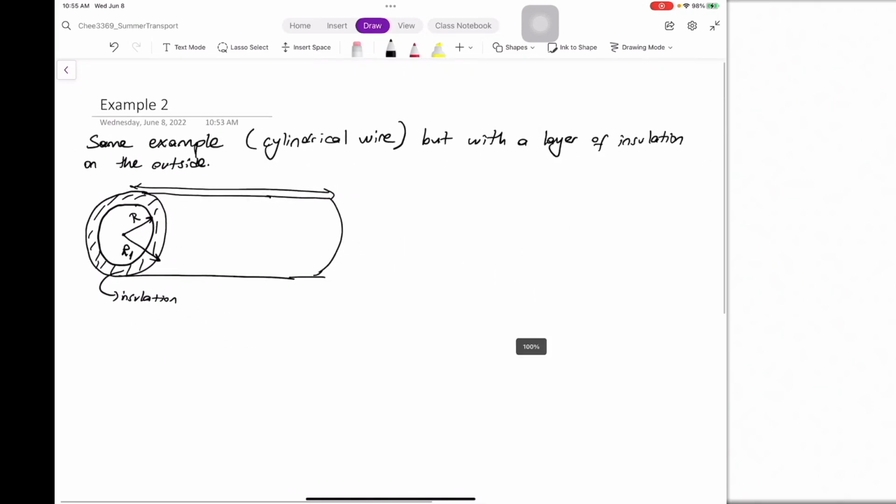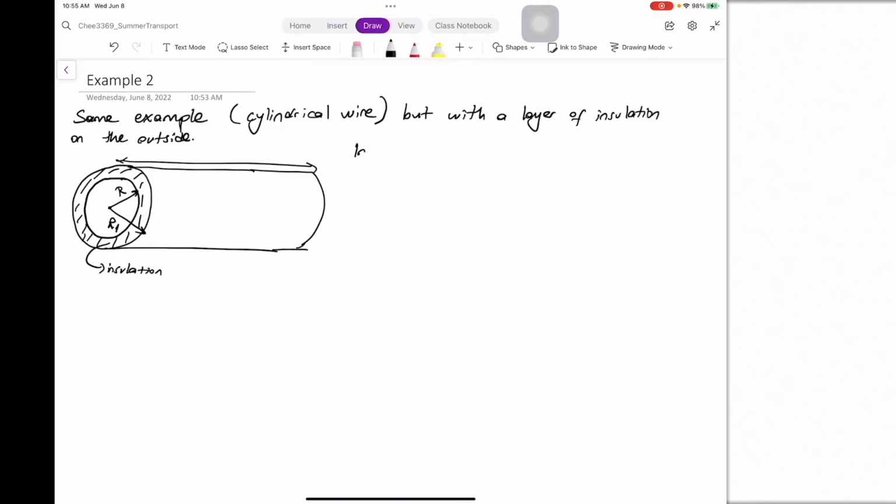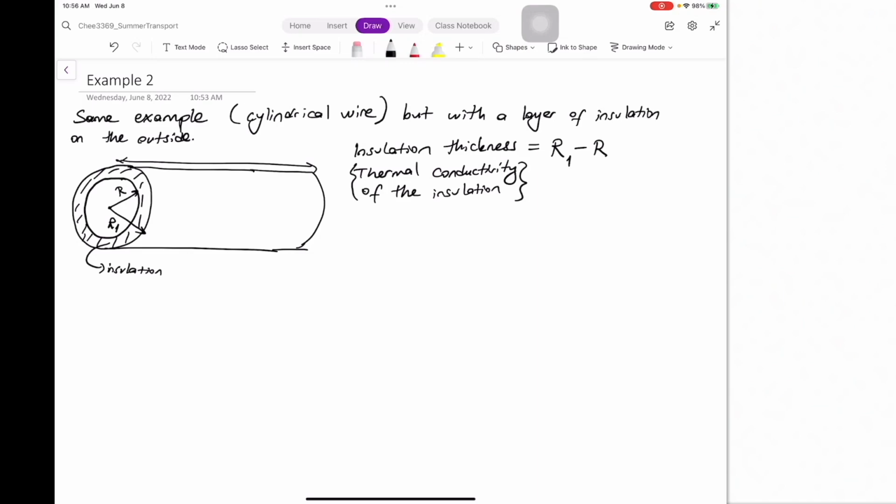The insulation thickness is R1 minus R, as you can see from the schematics. The thermal conductivity of the wire was K, but that of the insulation is equal to Ki.